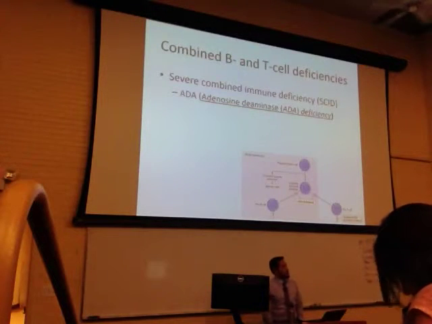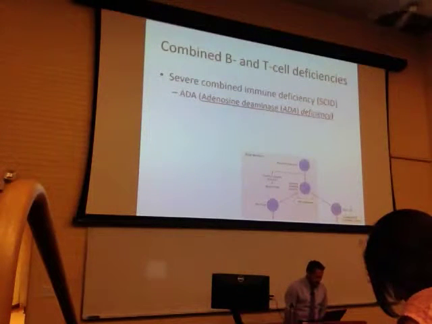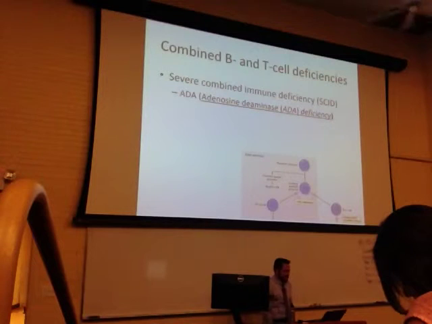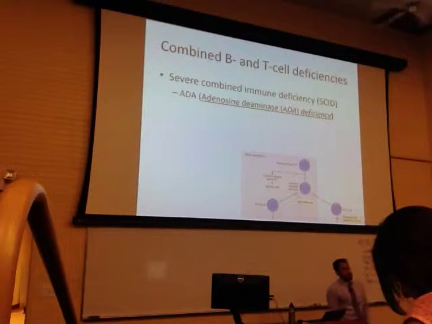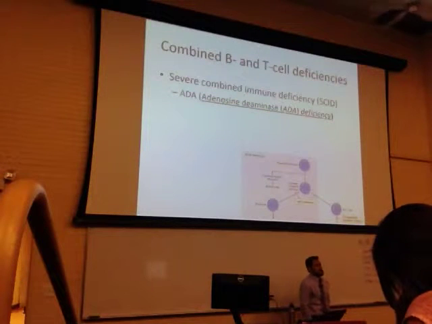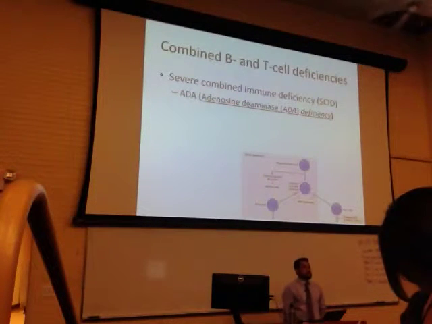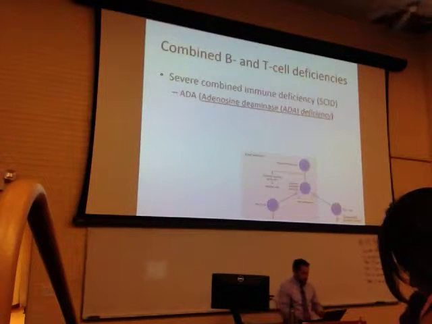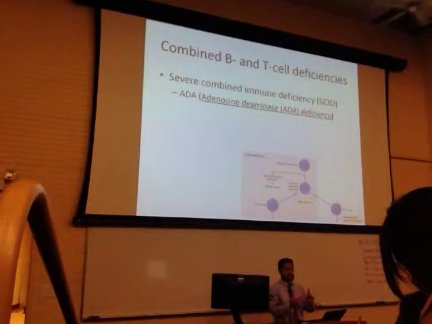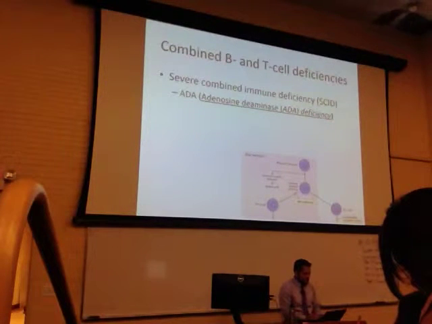He was very famous for living in a sterile environment. And SCID immunodeficiency means that there are no functional B or T lymphocytes. And so they're extremely at risk of developing all kinds of different infections. They're very susceptible to bacterial infections, but also virus and fungal and protozoan as well.